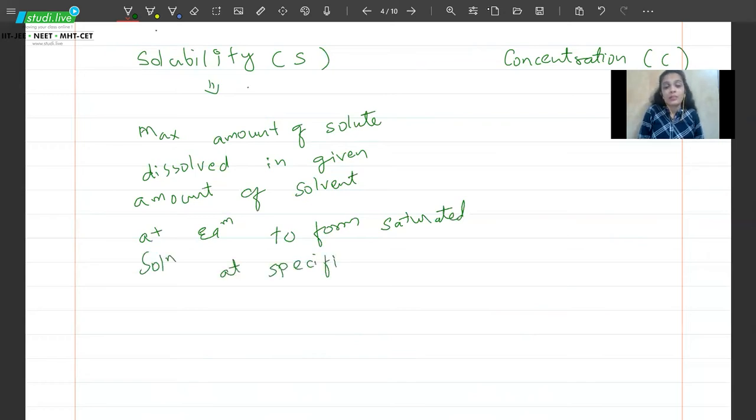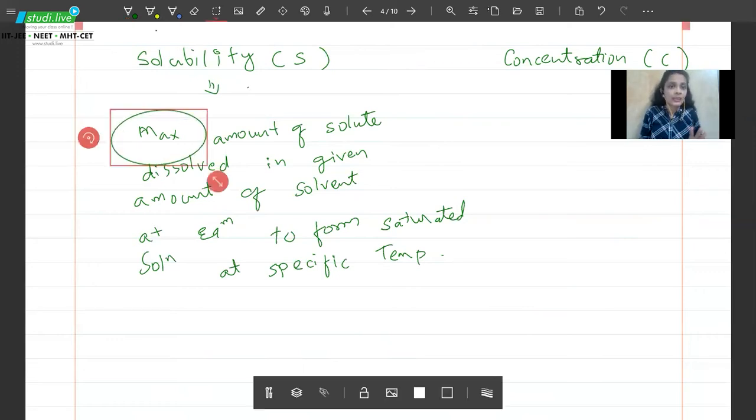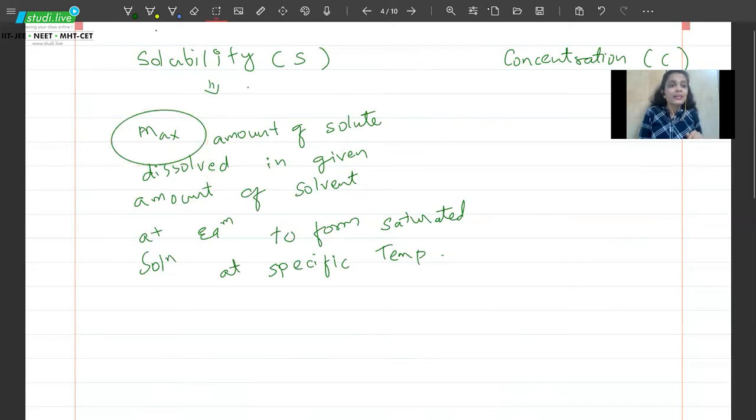Yes, student, this temperature plays a very, very important role. How? We will study that part also. But before that, it's very important for you to keep this in mind. What is solubility? Maximum amount, the highest amount that can be dissolved in the given amount of solution.